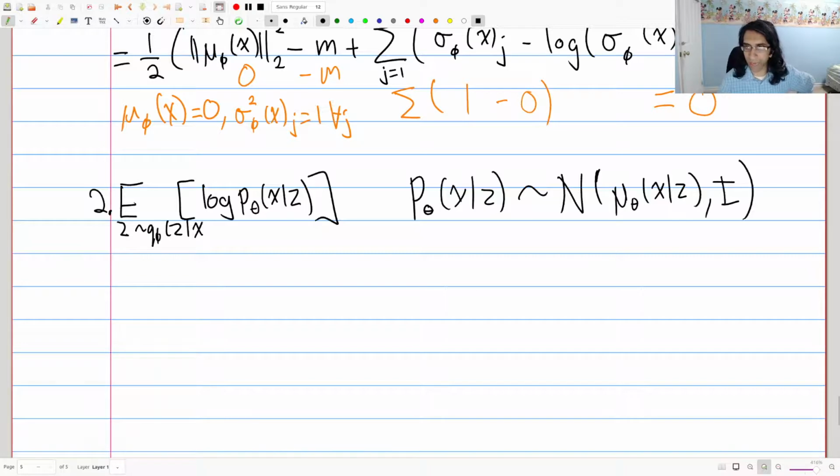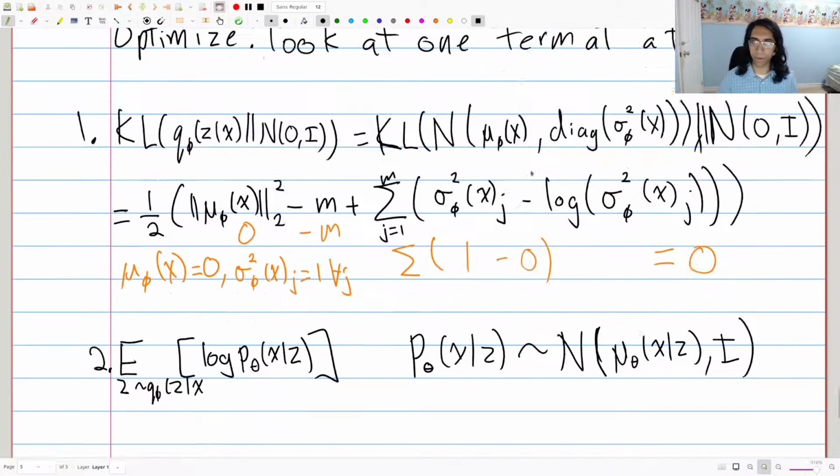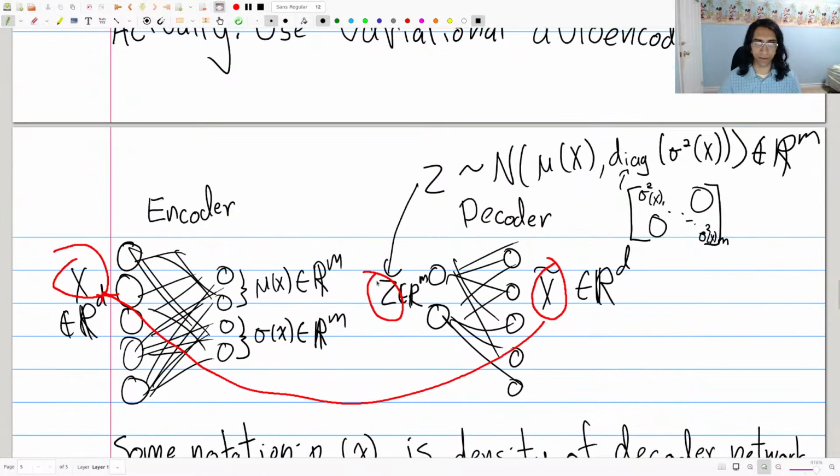To elaborate, remember earlier when we were talking about where this hidden vector, this latent representation comes from? Well, this is a sample from a probability distribution with a parameter that came from the output here.